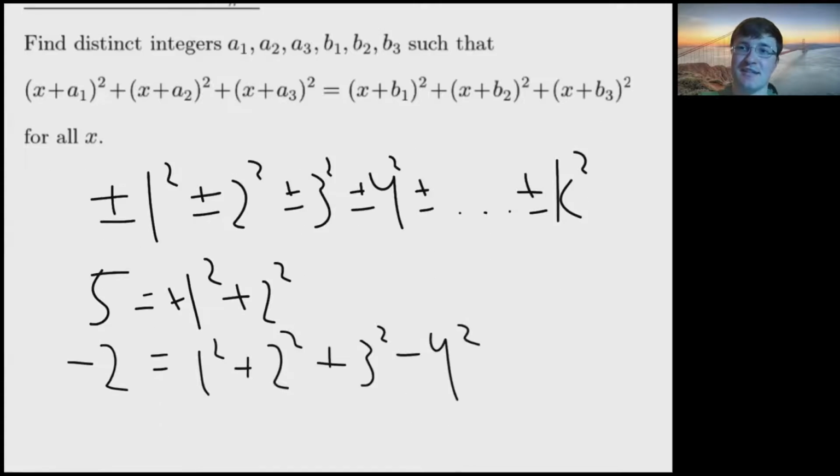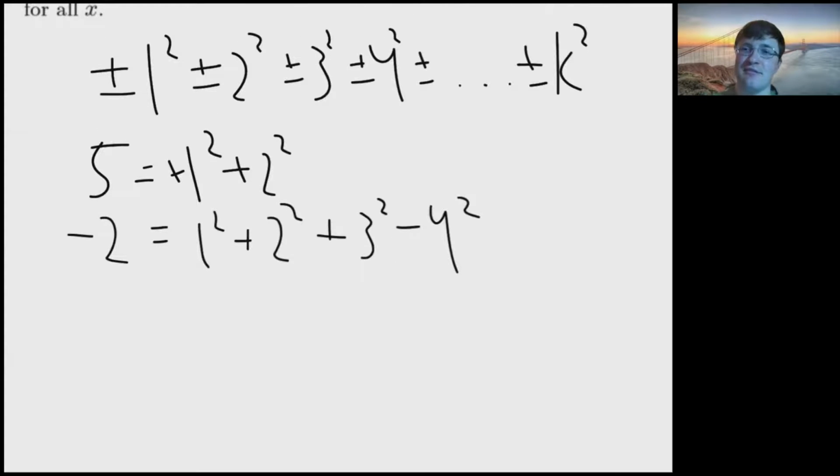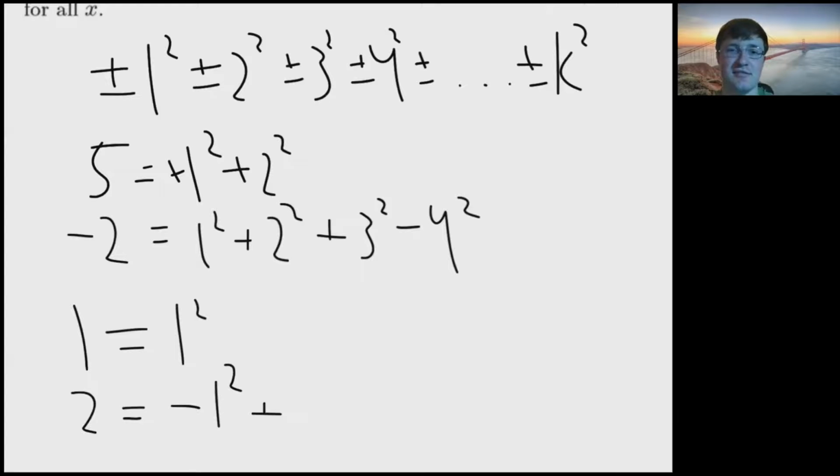And the key is a proof by induction. You actually need 4 base cases. So you can write 1 as just 1 squared, 2 as, well, you negate what we had earlier.